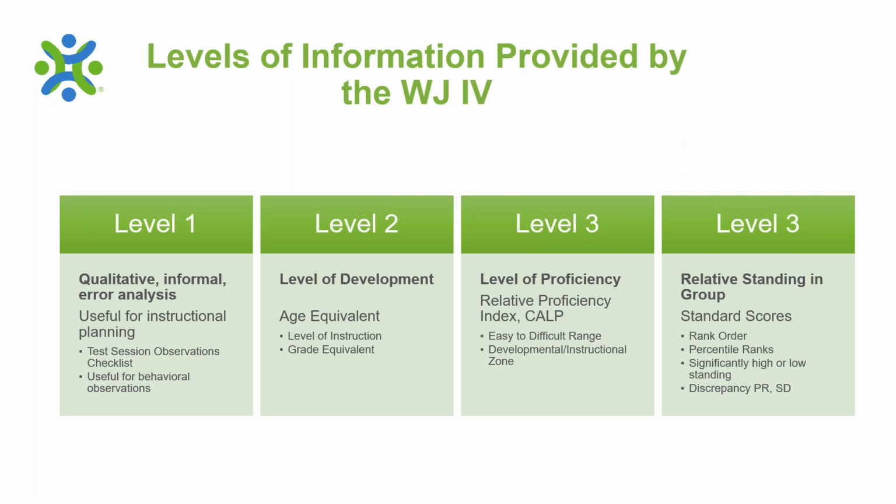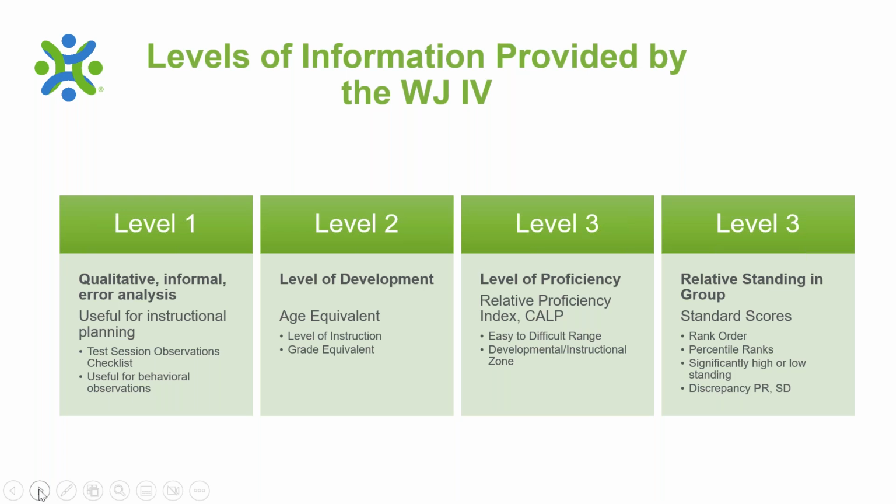This is especially useful for instructional planning because it's based on observational information of how the student is performing and how their difficulties are manifesting in the classroom, and provides useful behavioral information to supplement the collection of your other pieces of informal data as well as formal data.